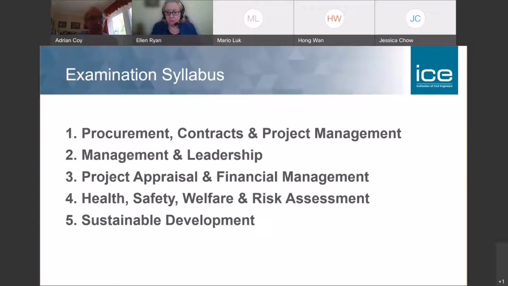Those 5 modules apply equally, whichever discipline you happen to be working in. So we give a scenario that may not be related directly to what you are doing now, but these syllabus areas are general and are basically the core attributes that we look at for a civil engineer, chartered engineer.